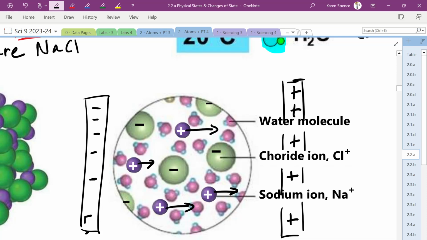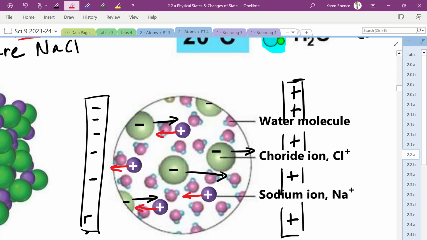Sorry, I'm drawing it backwards. Getting used to my new pen. Here we go. Negative would be attracted to the positive, so they would go that way. And then the positives would be attracted to the negative plate, so they would go that way. And it turns out that negative charge flowing one way and positive charge flowing the other way are the equivalent of each other. So when we get to the electricity unit, we'll talk about that more.